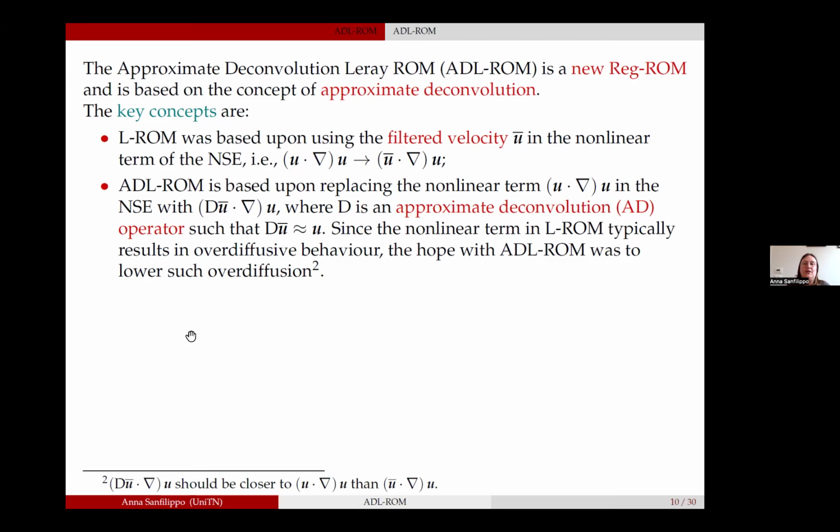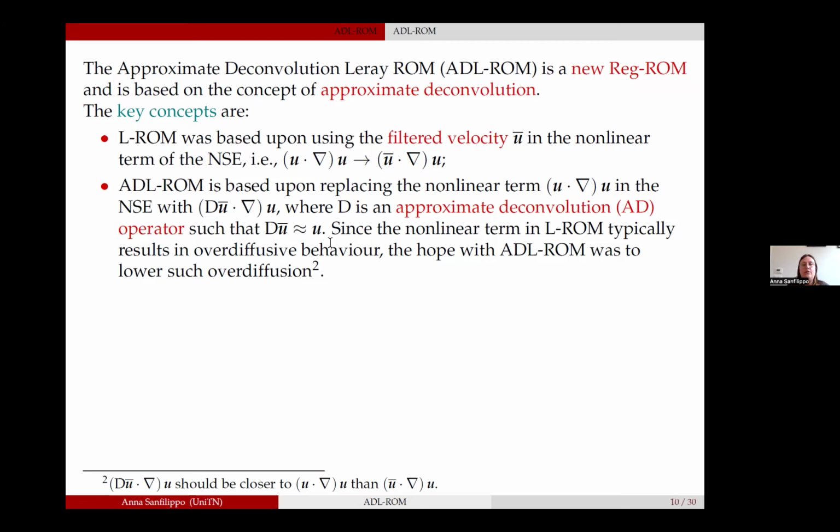So basically, we thought about approximate deconvolution operators, which in general are called D. And what D is doing is that we take the filtered velocity, we apply D, and we come back, in a certain sense, to the original reduced velocity.